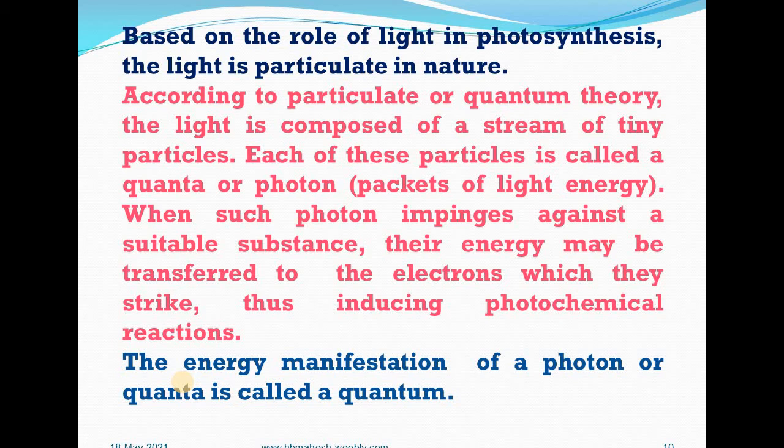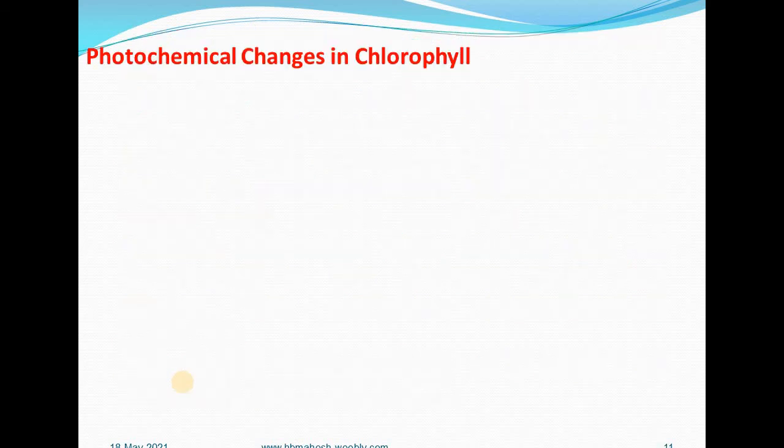When a photon strikes photosynthetic pigments, what is a photon? It's a packet of light energy. So the photon, which contains light energy, will be transferred to photosynthetic pigments in this reaction. See, the energy manifestation of a photon or quanta is called a quantum.